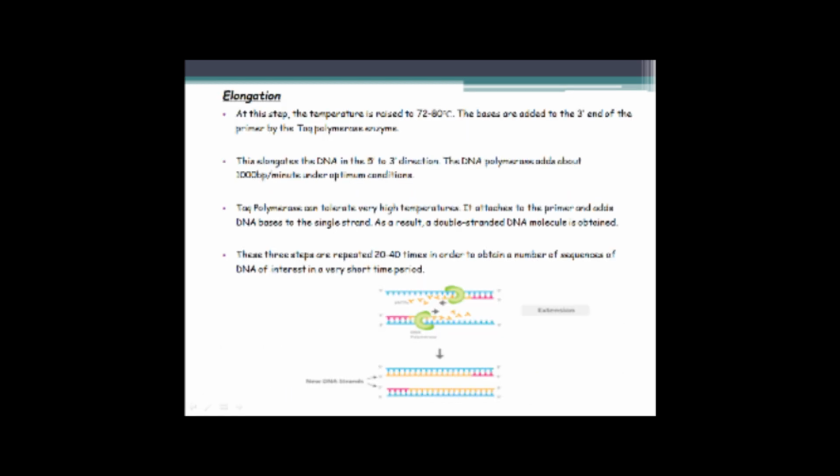Now elongation. This is the third step of PCR. It is also called extension. At this step, the temperature is raised to 70 to 80 degrees Celsius. The bases are added to the 3' end of the primer by the Taq polymerase enzyme. This elongates the DNA in the 5' to 3' direction.